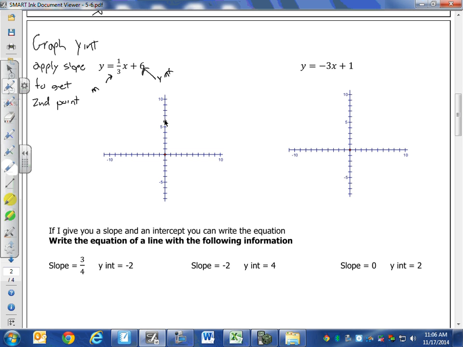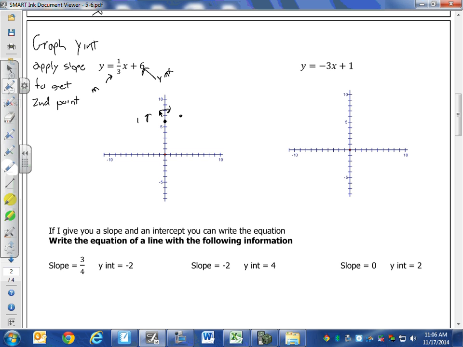Okay. Mr. Maurer, could you tell me the second point that you used when you graphed your equation? 3, 7. 3, 7 is correct because you traveled up 1 over 3 from one point to get your second point.